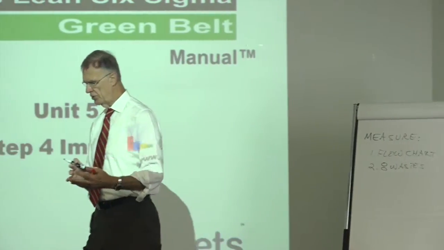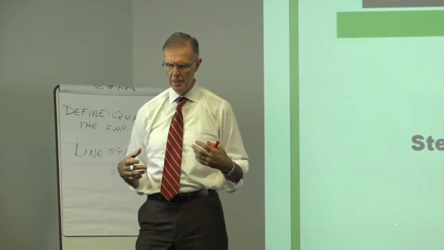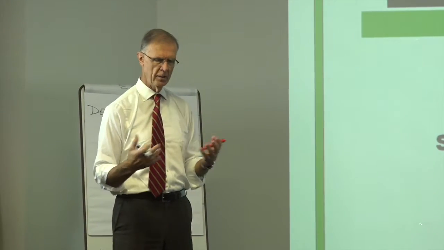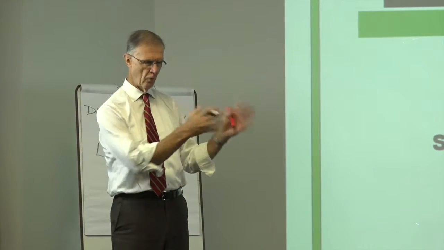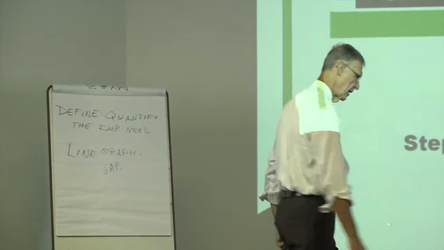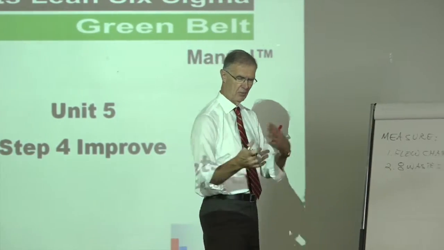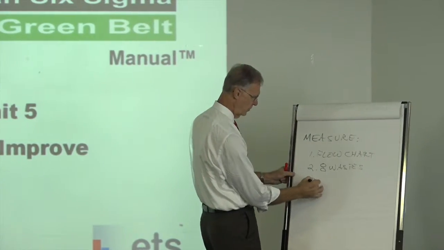Now that we've got the flow chart and the 8 wastes, we can start thinking about collecting data. So what tool might we want to use to go forth and collect our data? Spreadsheet. Back in the old days, we used to call them check sheets, but now we utilize Excel spreadsheets.